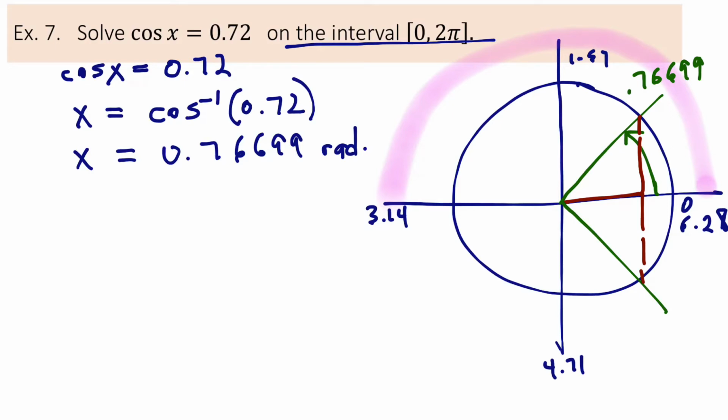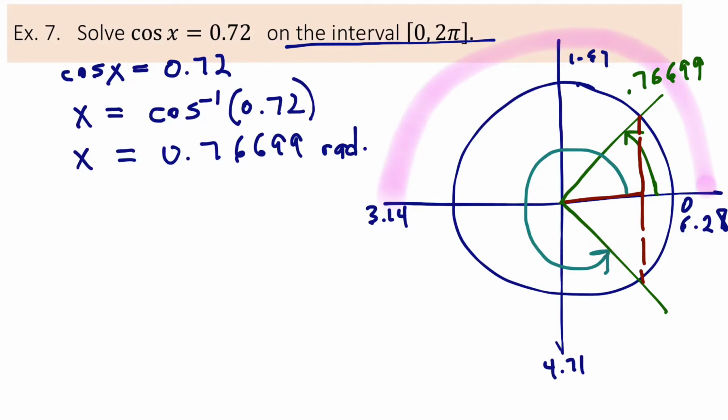All right, so let's do it in a different color here. If I want a positive angle, I start at 0 and I rotate around to here. This angle here is 0.76699 radians. Now I want to figure out what this angle is here.